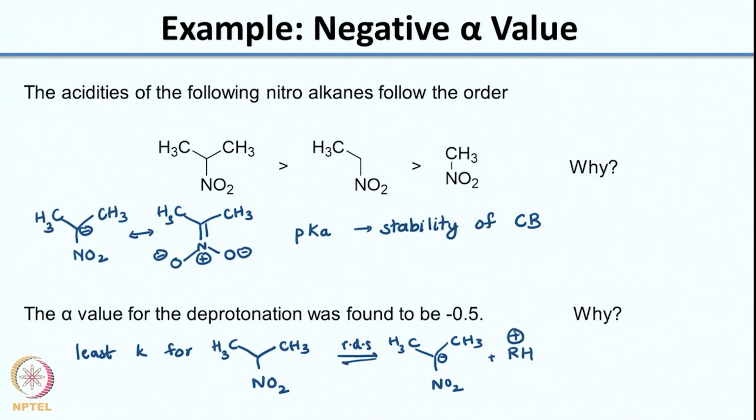What happens is probably in the transition state you do not have complete deprotonation. So, it does not have any substantial amount of double bond character like you saw for the conjugate base. In this case, it is the inductive effect or the electronic properties that play a larger role. Propane, which has the 2 methyl groups, is more releasing and it destabilizes the transition state as compared to methyl, which has only 1 releasing group.